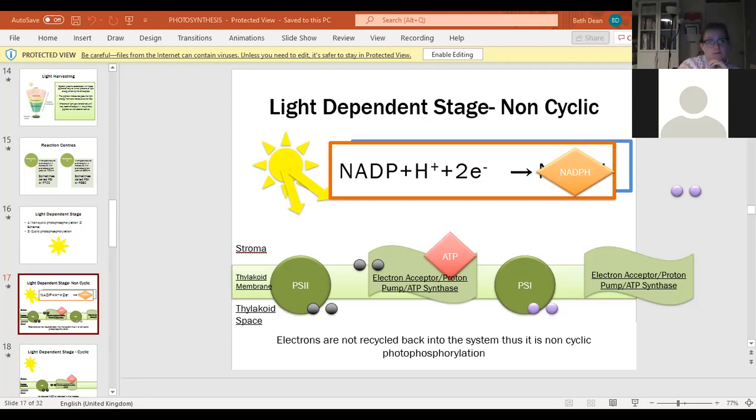That's false. It's the other way around. So remember, reduced NADP is made in the light-dependent reaction and is used in the light-independent reaction. And then in the light-independent reaction, NADP is made and then passed back to the light-dependent. ATP is made in the light-dependent reaction and used in the light-independent. That is true.